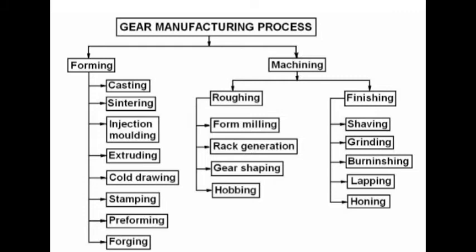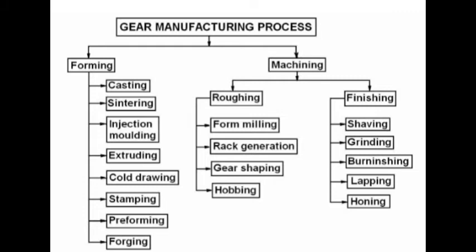Injection molding, extruding, cold working, and cold drawing processes are there. If you want very thin gears, we can stamp the gears, and there is also performing and forging. So there are different forming operations by which we can make the gears.